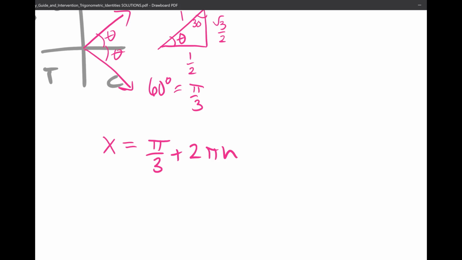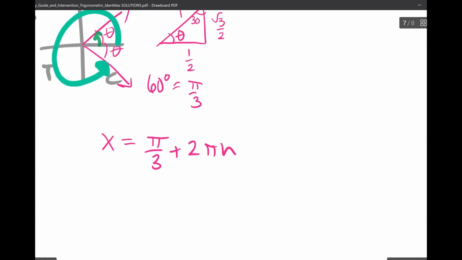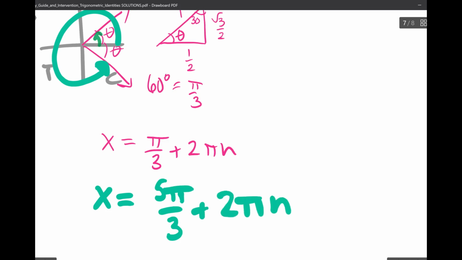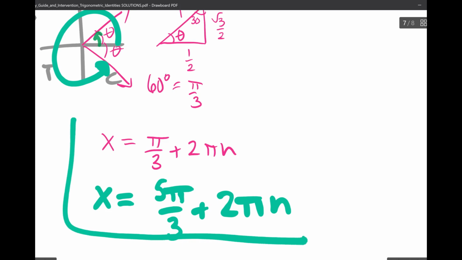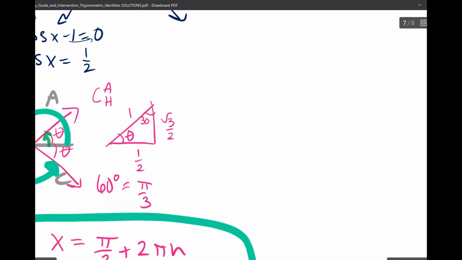My other angle, alright, so this pi over 3 is going to be this guy that goes there, but then my other angle goes all the way over here. So it's going to be pi over 3 less than 2 pi around. So here my x is going to be 5 pi over 3. And of course you have to add the 2 pi n because it says all values. Alright, so that's half of my solution.